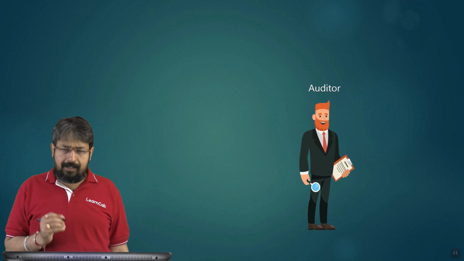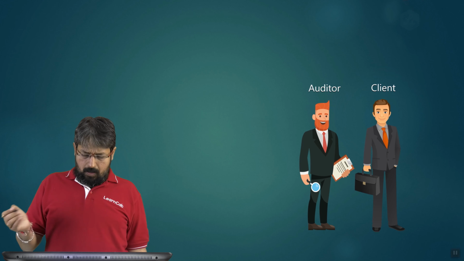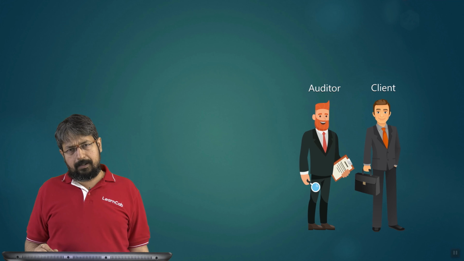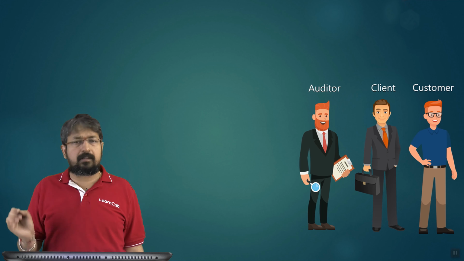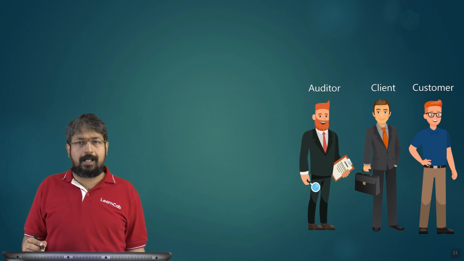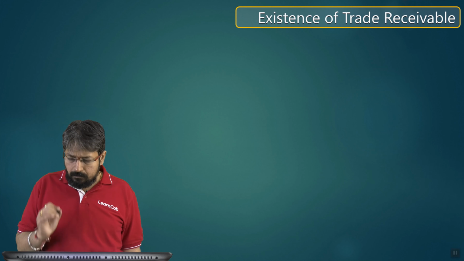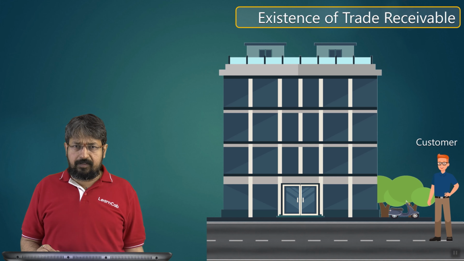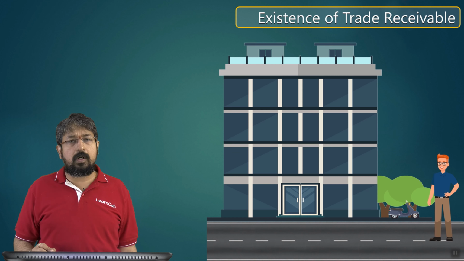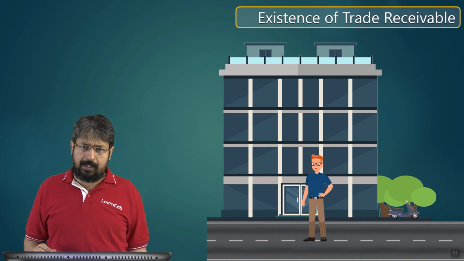Now let me give you some examples on existence. You have the auditor, you have the client, and you have the customer. These are the 3 characters. As I told you, we are checking the existence of the trade receivable. First of all, the customer goes to the client's company.